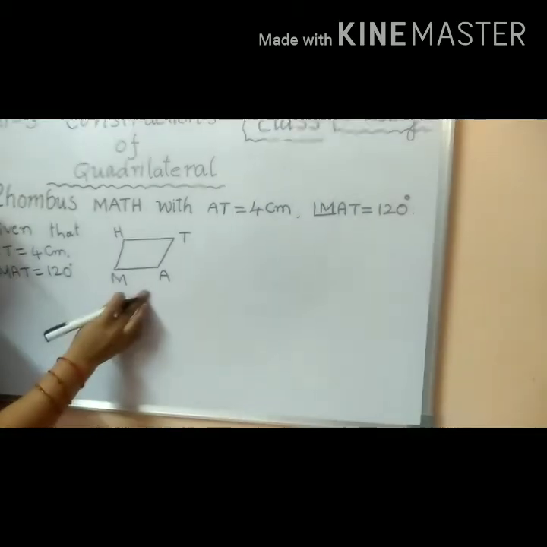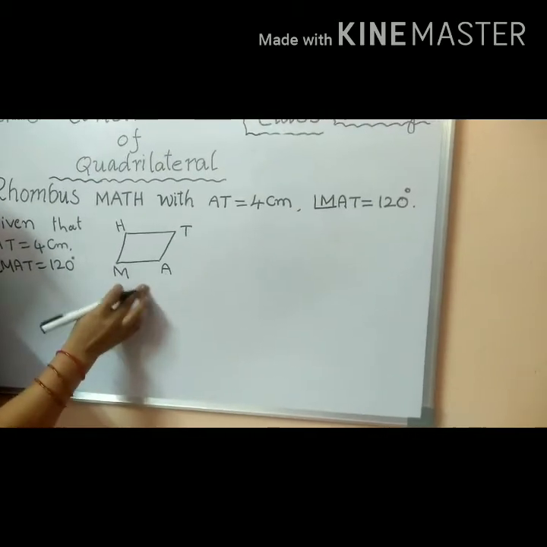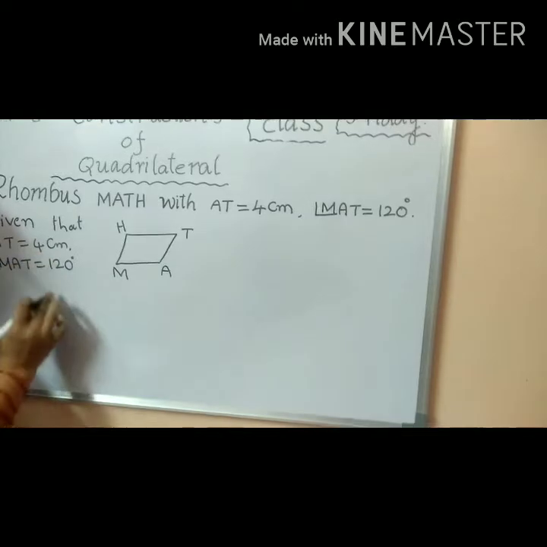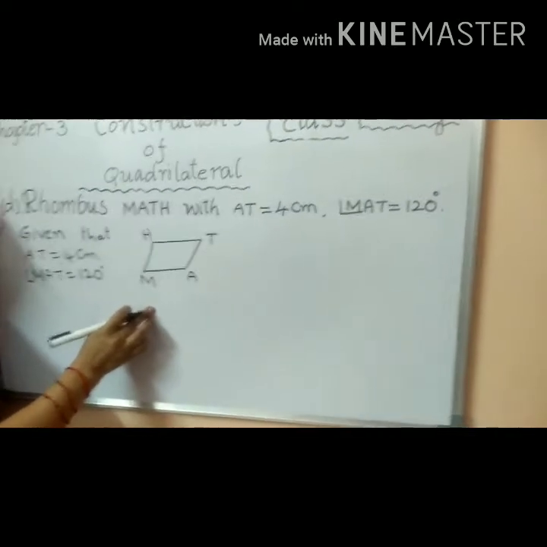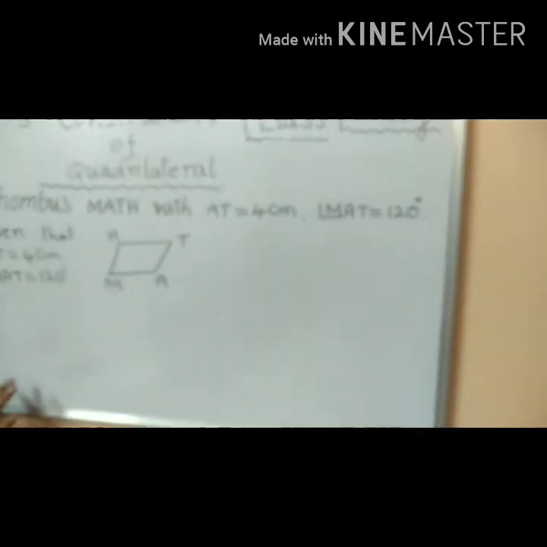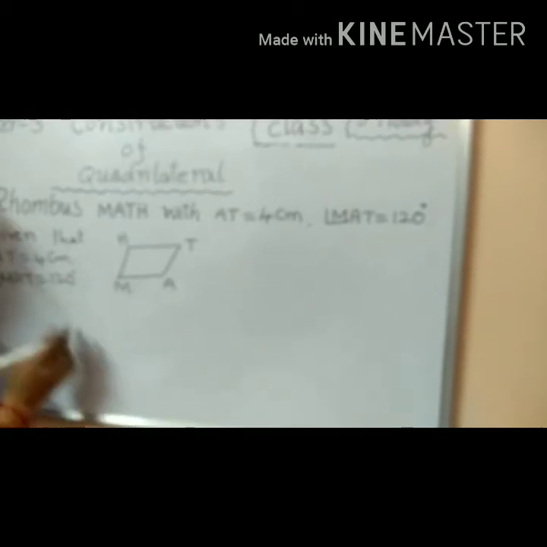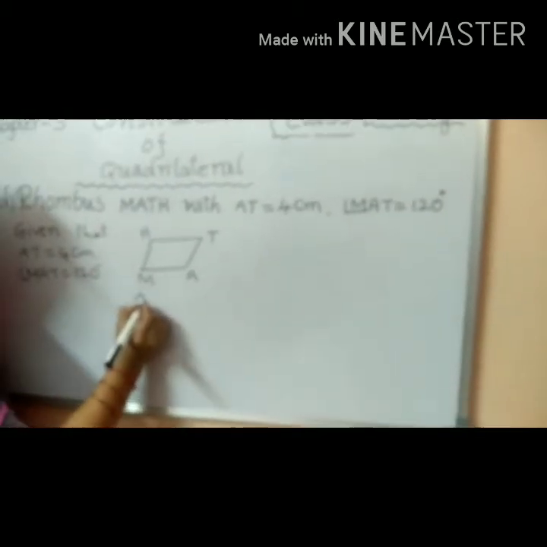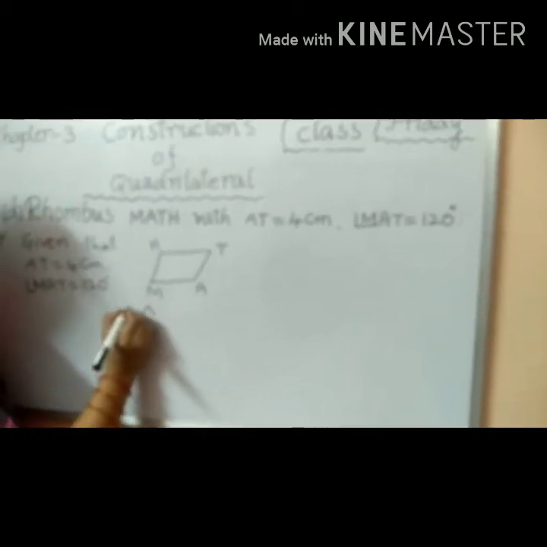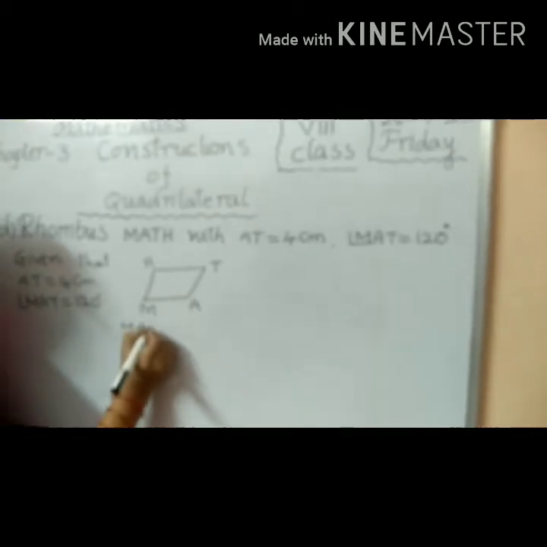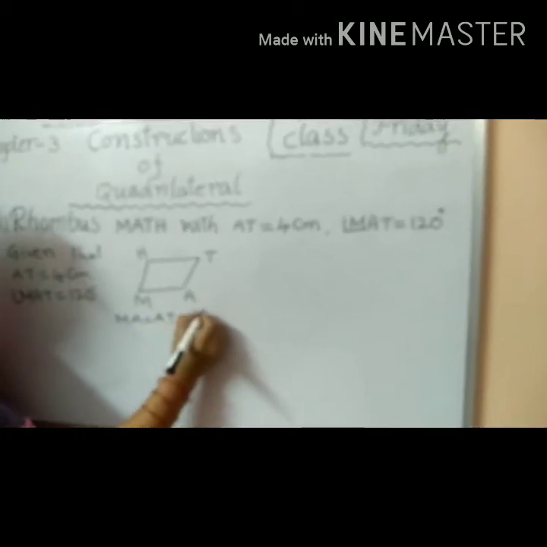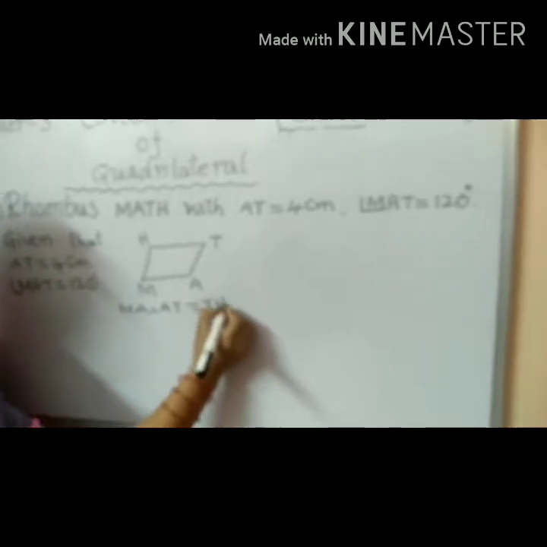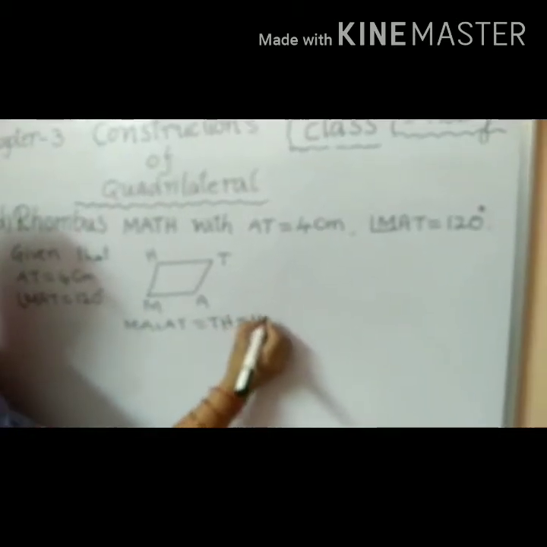In a rhombus, all sides are equal, and opposite sides are parallel. That is the property of rhombus. MA equal to AT, AT equal to TH, TH equal to HM.